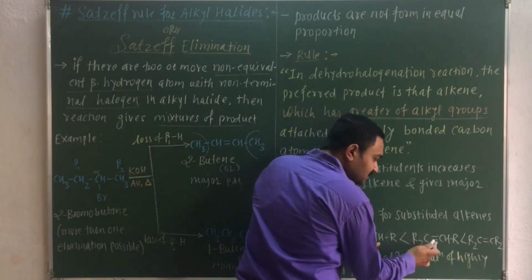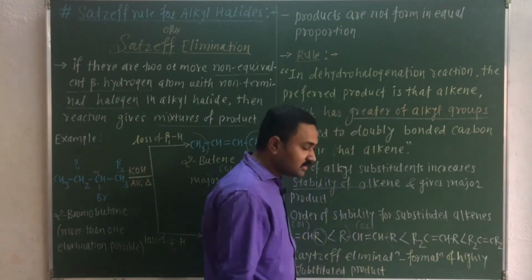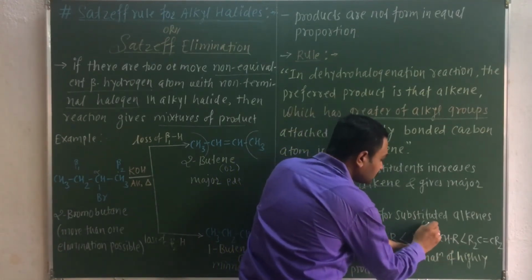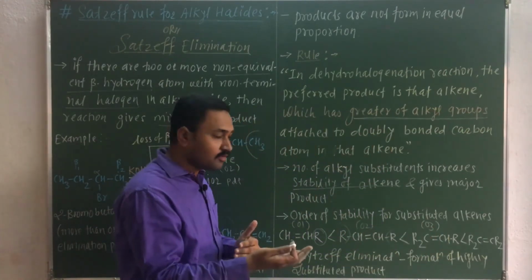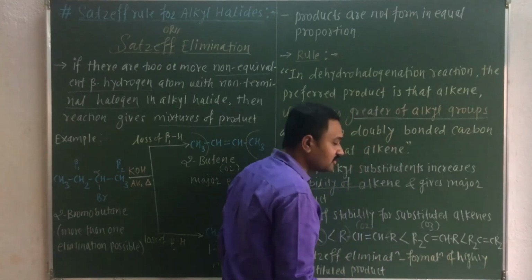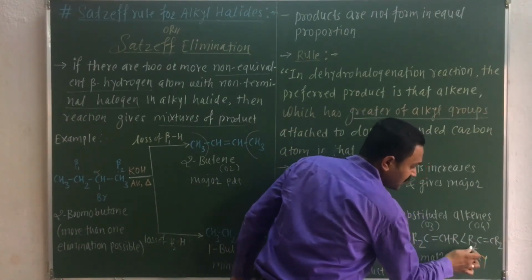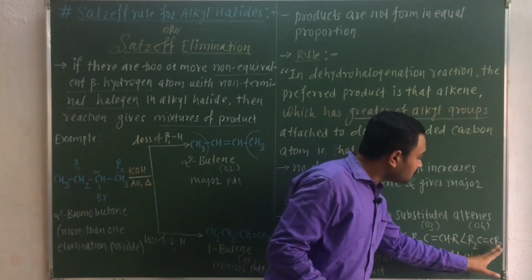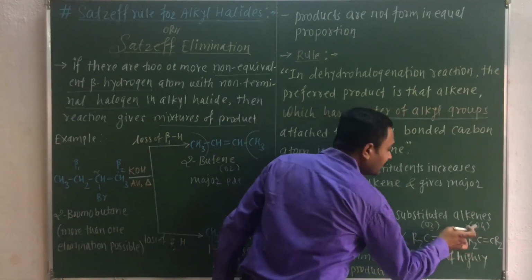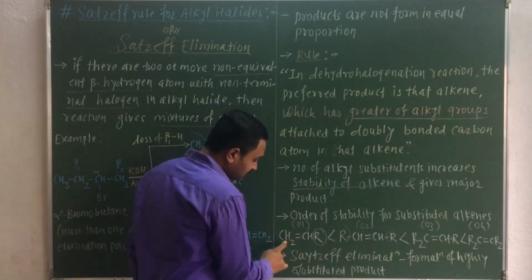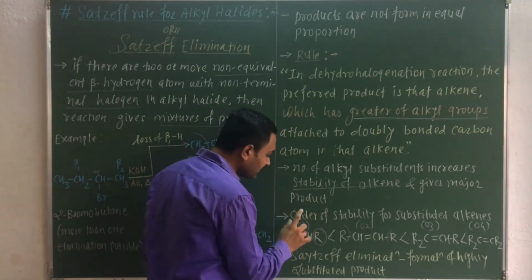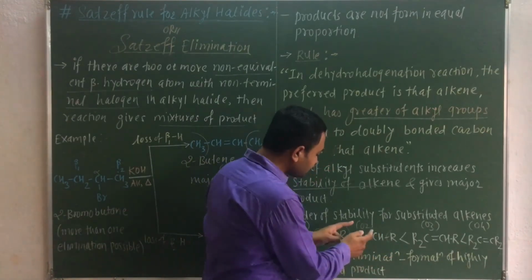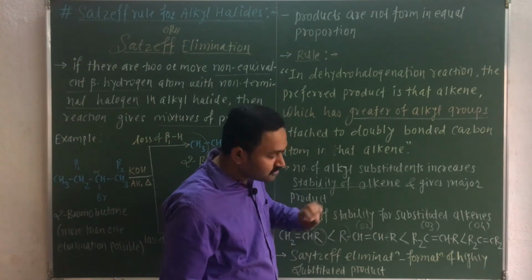Again, if we compare the stability of this molecule with this one, here R2C=CHR, the total number of alkyl groups is 3. Therefore its stability will be even more. And if we consider the last molecule, here there are 4 alkyl groups, R2, that means 2 alkyl groups on each carbon atom across this double bond. Hence the stability order is such that CH2=CHR, having only one alkyl group, is less stable than RCH=CHR, which has 2 alkyl groups and is more stable.